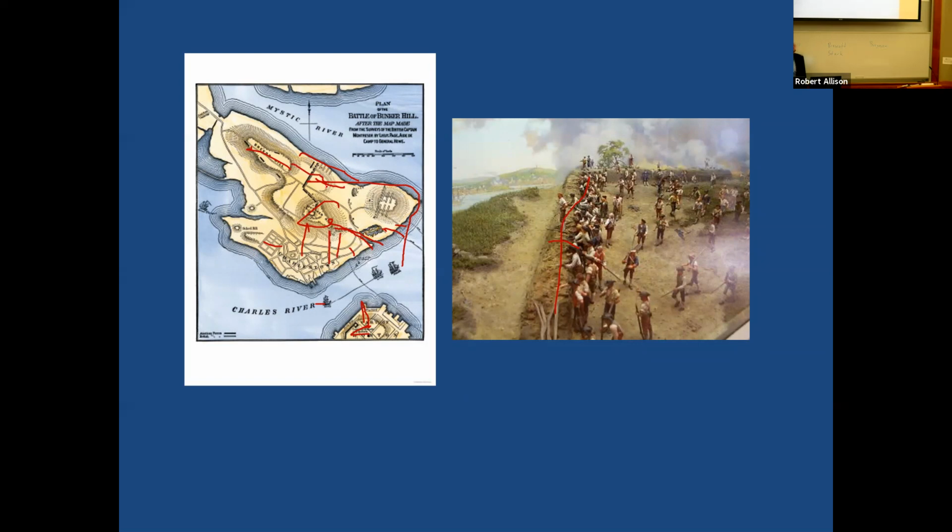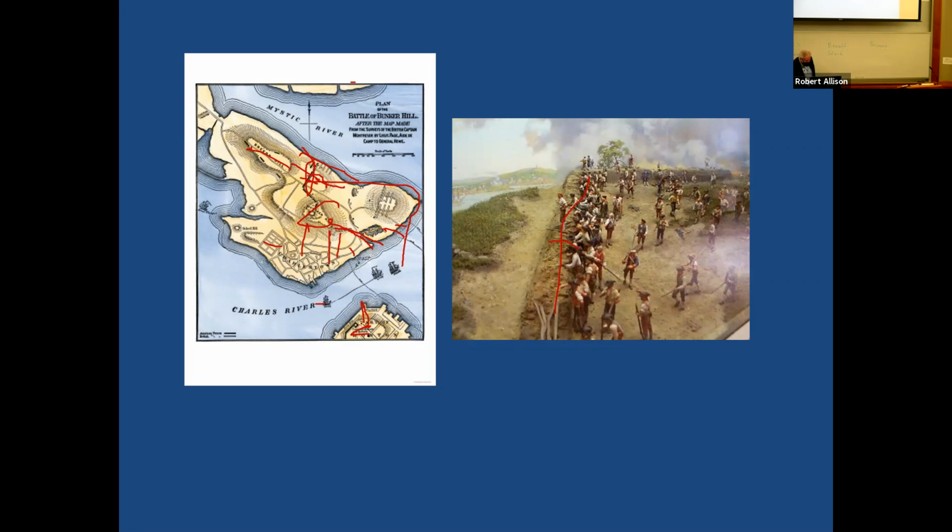They can simply go around the fortifications you've built on the top of the hill. So Stark starts fortifying here, and it's actually here along the beach that you'll have the most casualties on both sides, because the British essentially are having to come through a relatively narrow area that Stark and his men have been able to fortify.